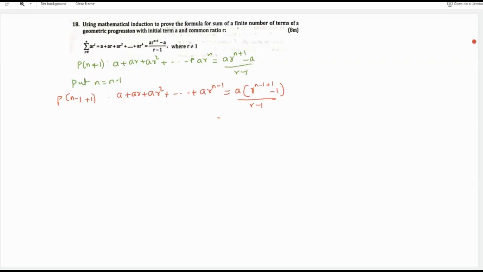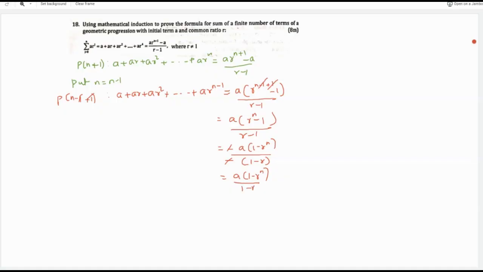Further simplification: the minus 1 plus 1 cancel, so it will be r^n minus 1 divided by r minus 1. Taking minus common, we get a into 1 minus r^n divided by 1 minus r, since minus and minus cancel.